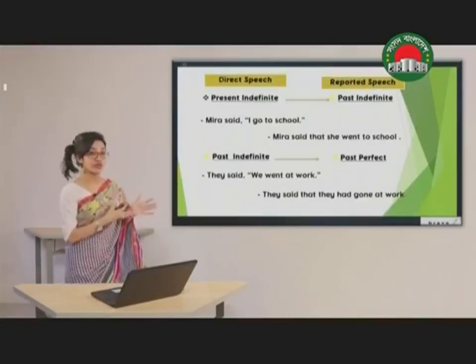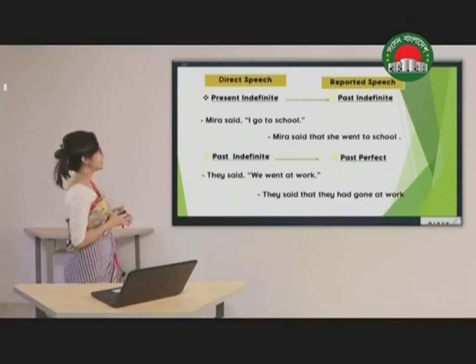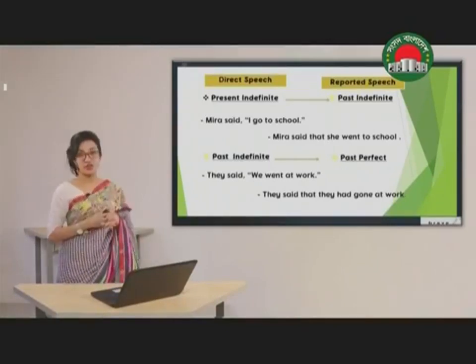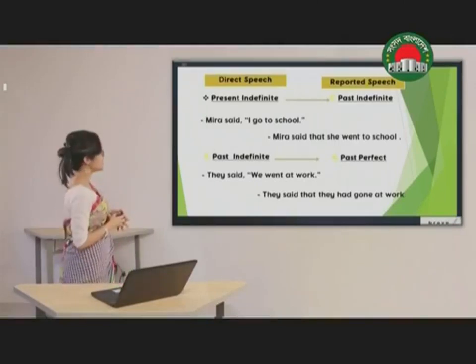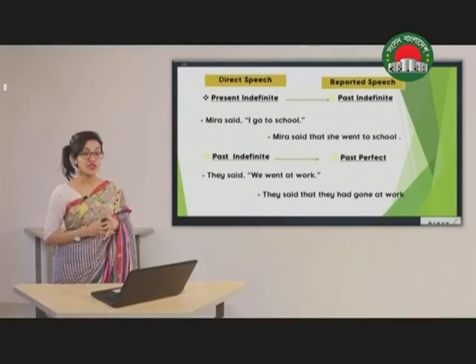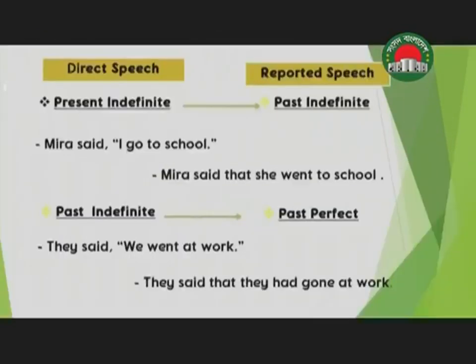Now there is a short description here of how we can change from direct speech to indirect speech. To be very clear, as you can see, in case of present indefinite, the tense will be changed into past indefinite. For example, Mira said, "I go to school."